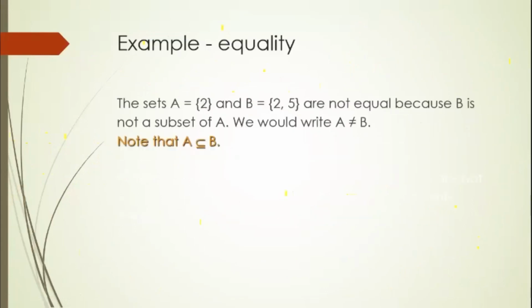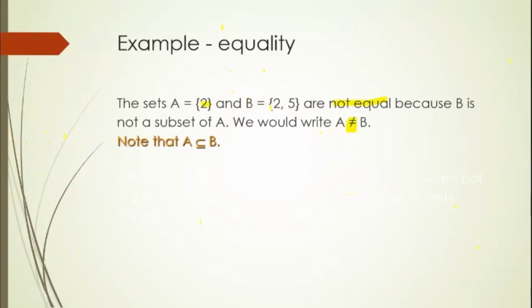What about the not equal? You will have this symbol. Based on the example that we have for the proper subset, it is definitely not equal because the other one contains more elements than the other one. In here, set A contains the element 2.